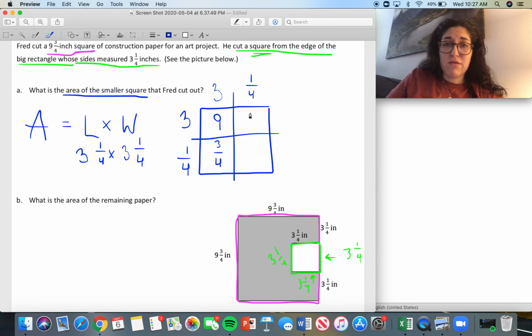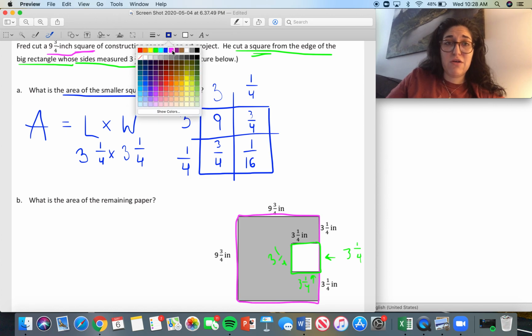Same thing here, 3 times 1/4 will be 3/4. And finally, 1/4 times 1/4 will be 1/16.